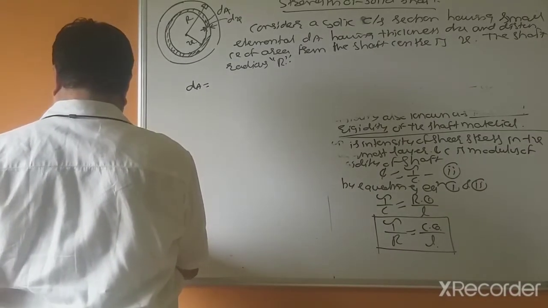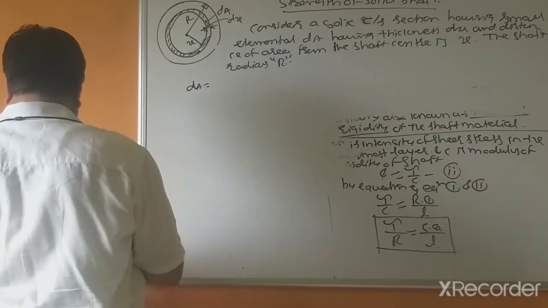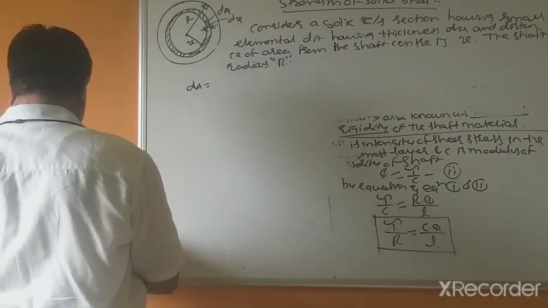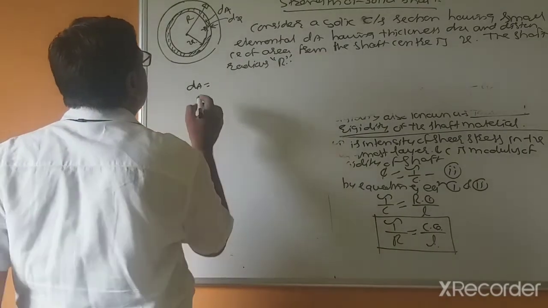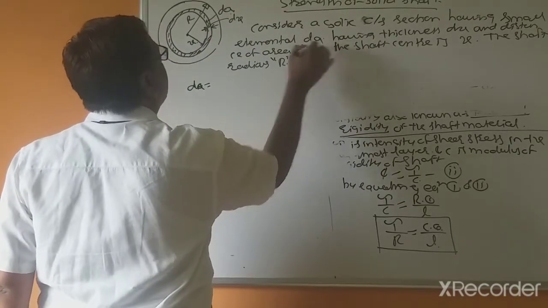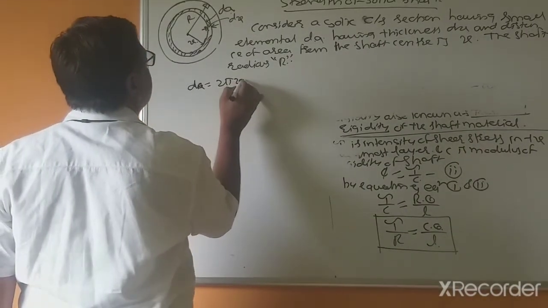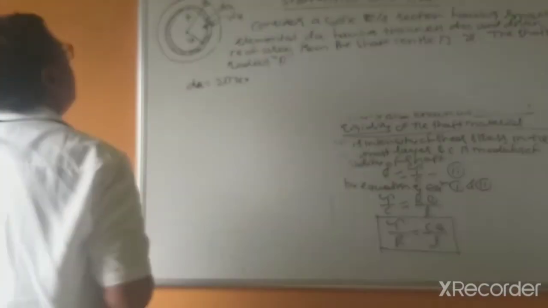Now the elemental area dA equals 2 pi x into dx.